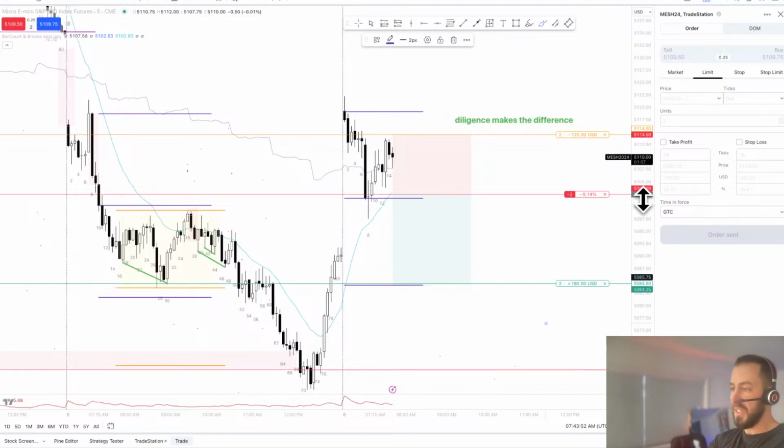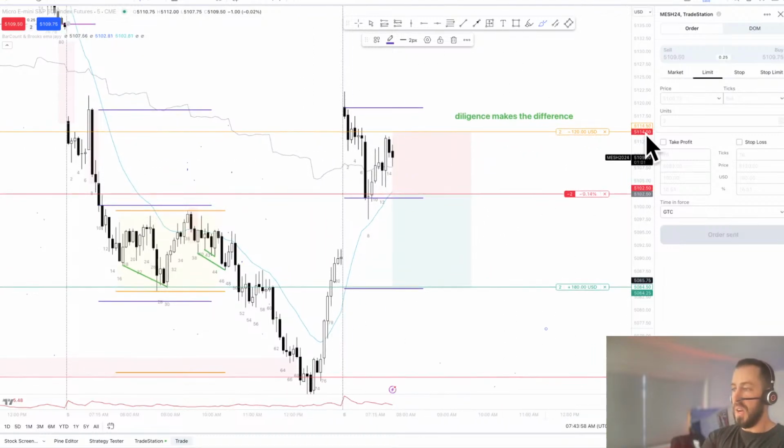We picked a direction because we saw so much strong moves, so much strength to the downside, right? So we're just waiting to see what the market's gonna do. I picked a direction. Right now, we're just giving the market a chance to decide if it's gonna do what we want or do something else. And that's it.